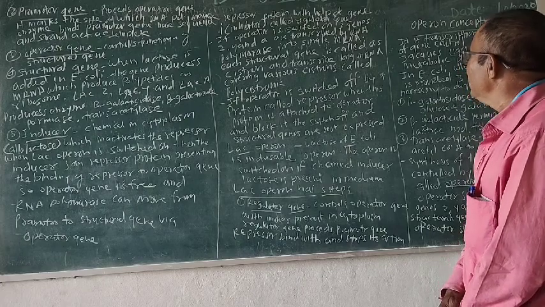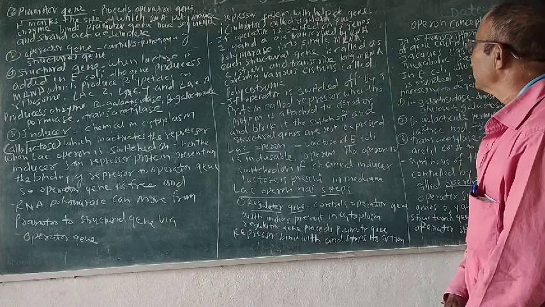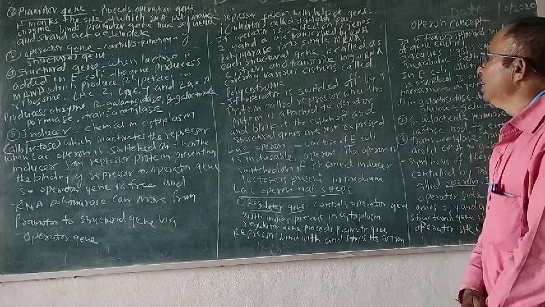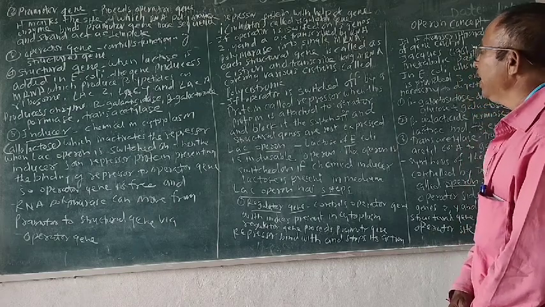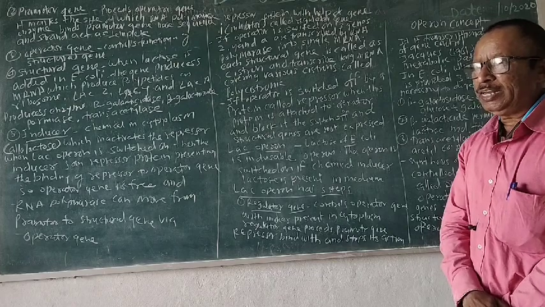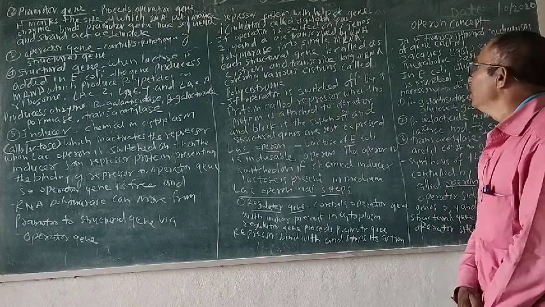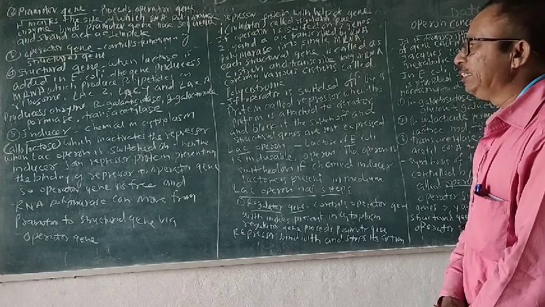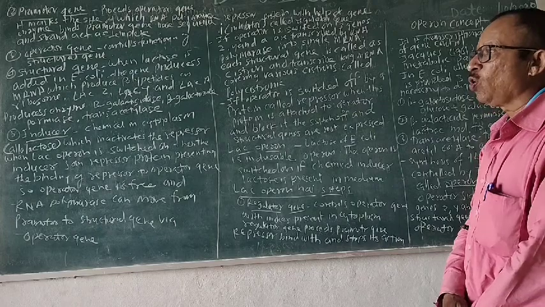If the operator is switched on, the three genes Z, Y and A are transcribed by RNA polymerase into a single mRNA, and each structural gene is called a cistron. This long mRNA covering the various cistrons is called the polycistronic condition.